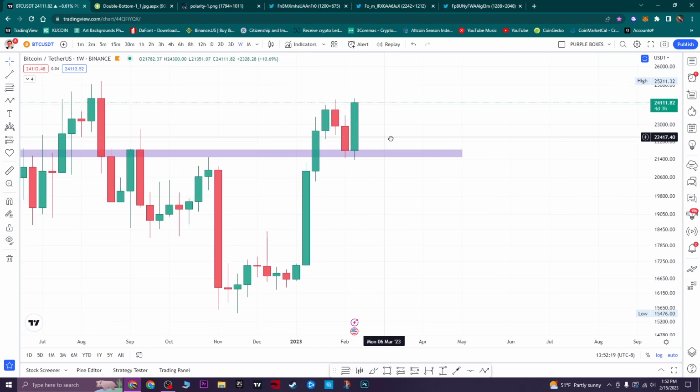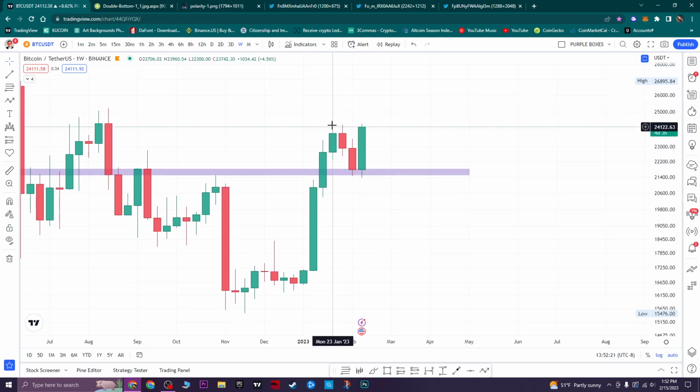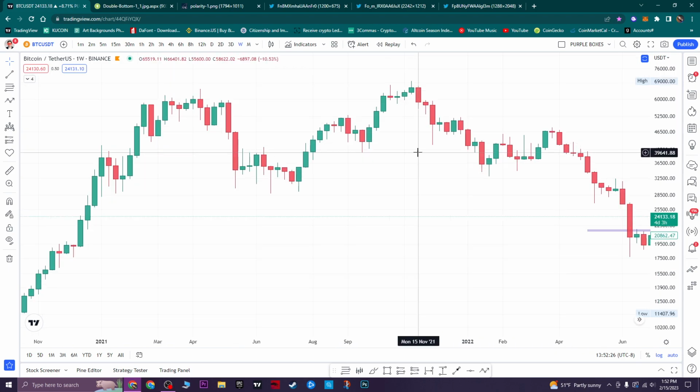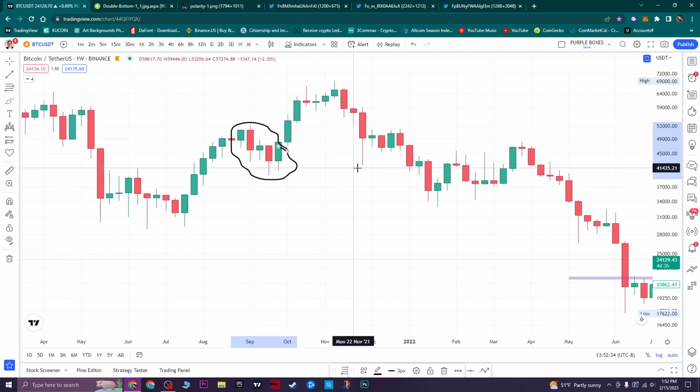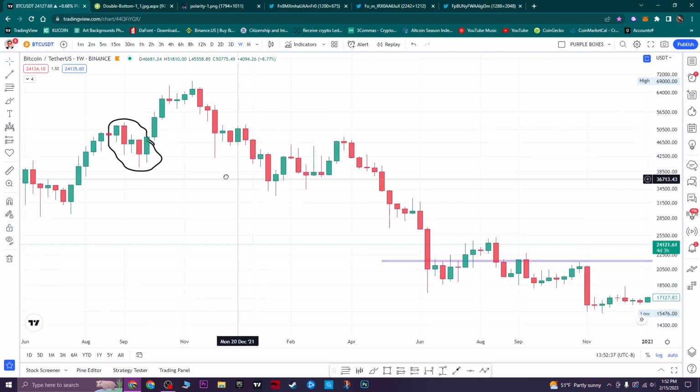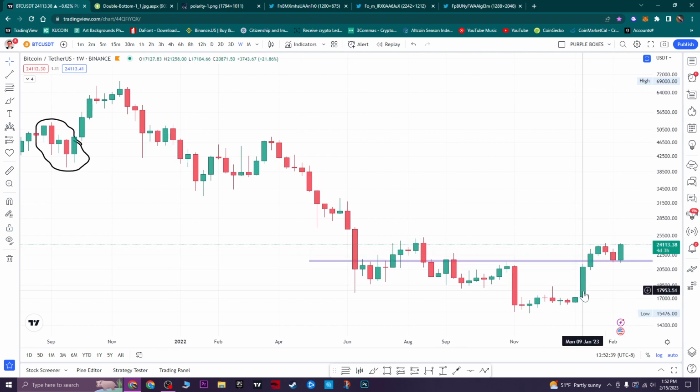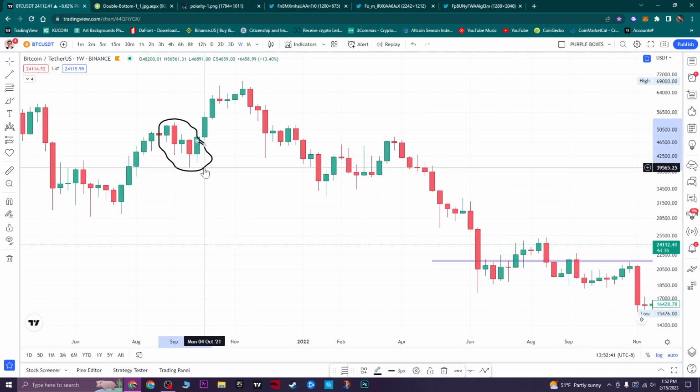So this right here, this is exactly what I wanted to see on the weekly, because it looks pretty similar to something like this. Those candles are very similar to these. Let me show you what I mean.